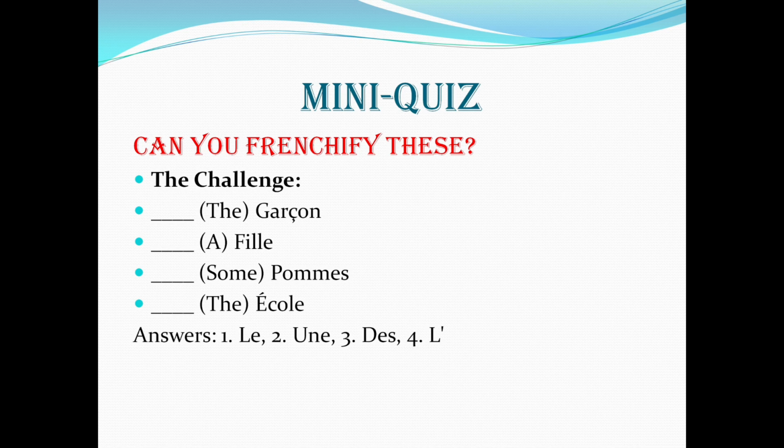A girl. It's une fille. Pommes, plural. Some. Okay, pause. It is des pommes. We have to say the plural, some, des pommes. The hotel, a vowel. The hotel. Pause. It's l'hôtel. It's l'hôtel.